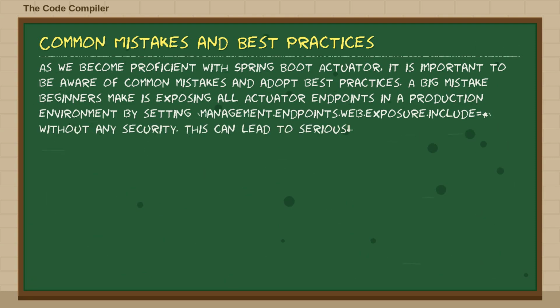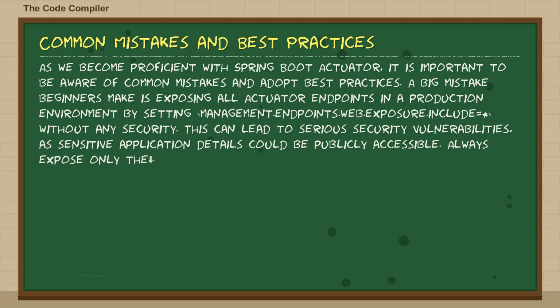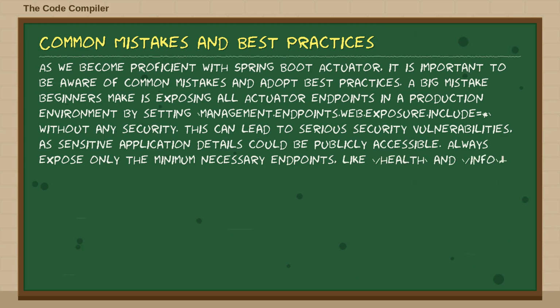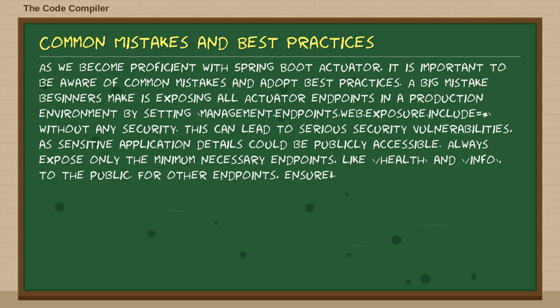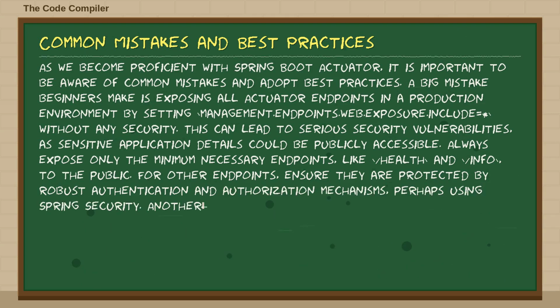This can lead to serious security vulnerabilities, as sensitive application details could be publicly accessible. Always expose only the minimum necessary endpoints, like health and info, to the public. For other endpoints, ensure they are protected by robust authentication and authorization mechanisms, perhaps using Spring Security.